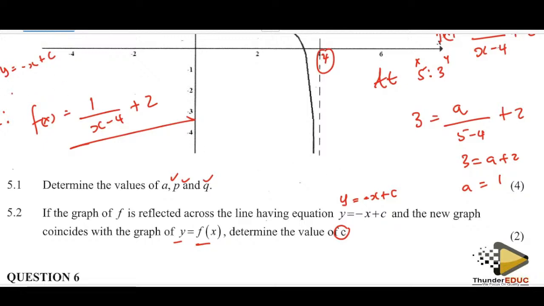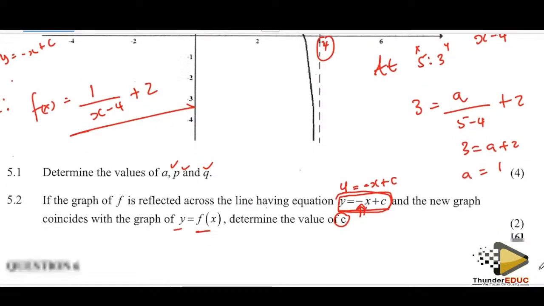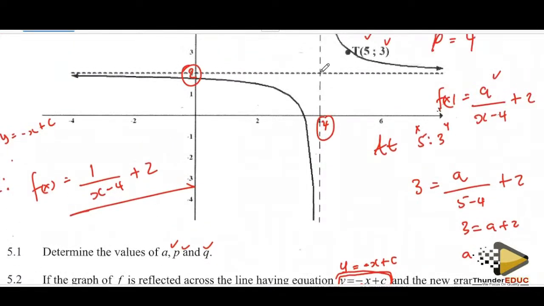So what the question is indirectly asking us for is the axis of symmetry. But the axis of symmetry that is having the negative gradient, since the gradient is negative 1. So we know that the axis of symmetry is normally given as y equals x plus c or negative x plus c. And we normally use the intersection of the asymptotes.